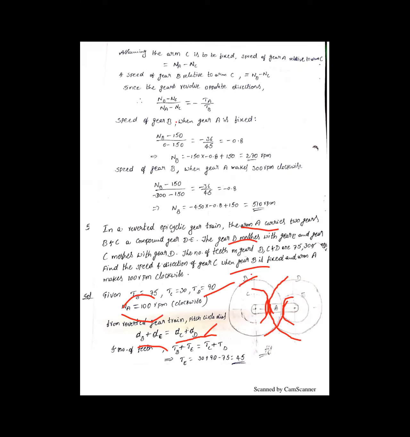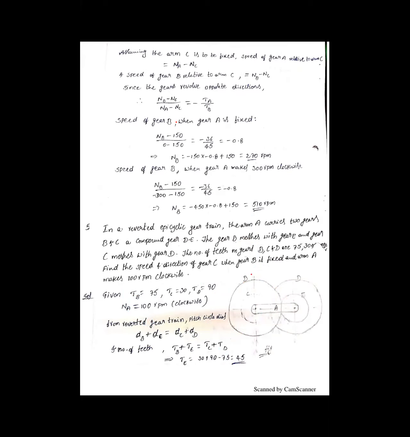Similarly, TB plus TE equals TC plus TD. Substitute the known values in this equation, then find the unknown number of teeth. TE equals 45.